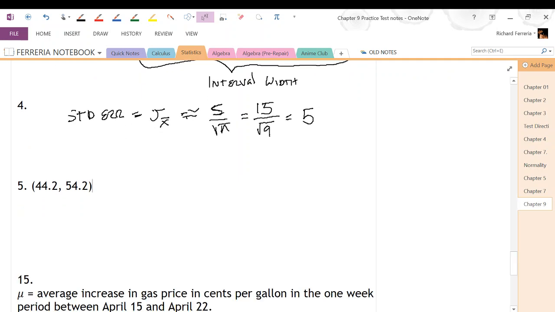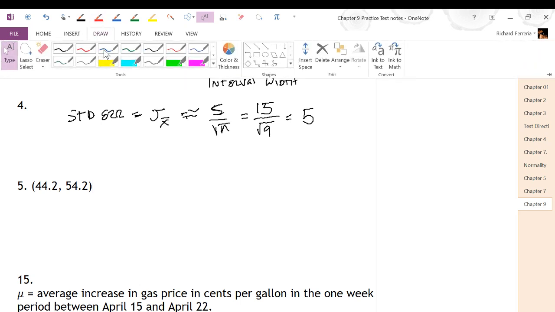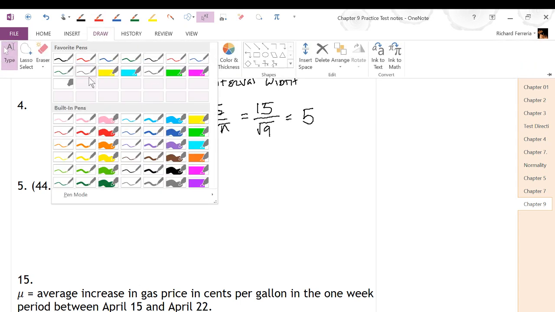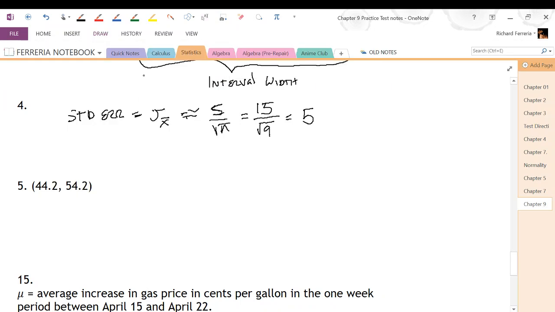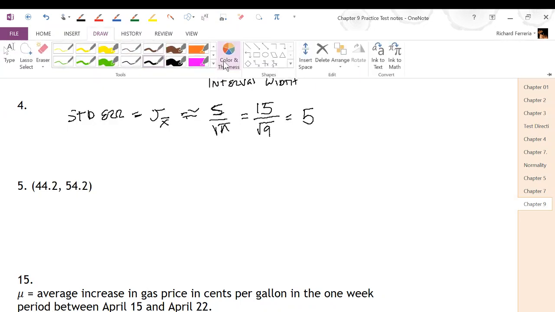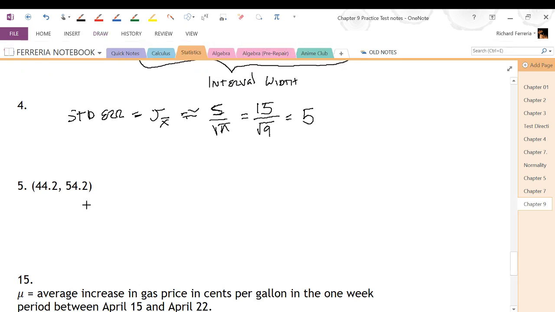I think what I'm going to do is go ahead and do that same diagram that we had before. Let's take a look at this interval on the number line.